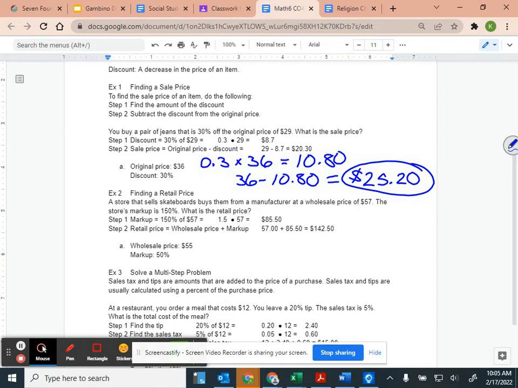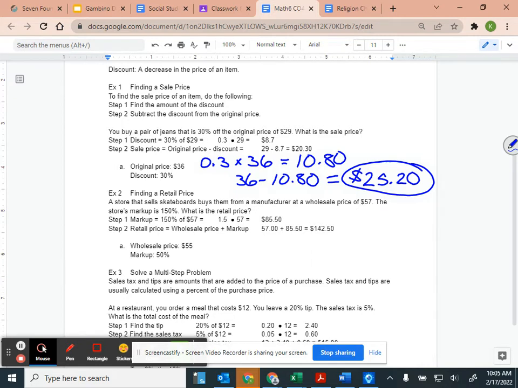They're going to increase the price so they can get a profit. Because if they buy it for $57 and sell it for $57, they don't make any money off the deal. Why are they doing it? They want to make money. That's what stores do. So we want to know what the store is going to sell that skateboard for if they mark it up 150%.